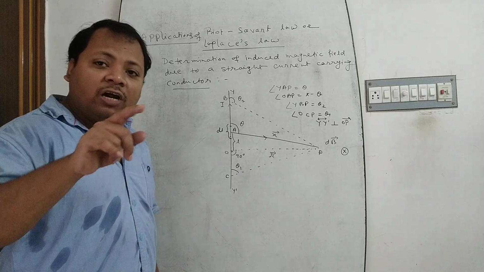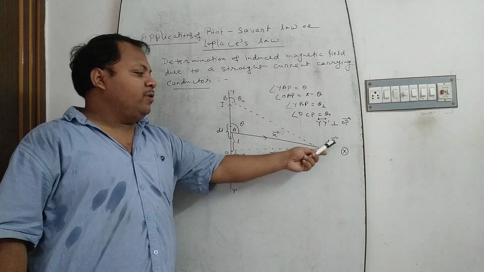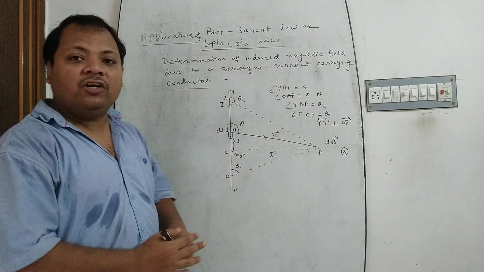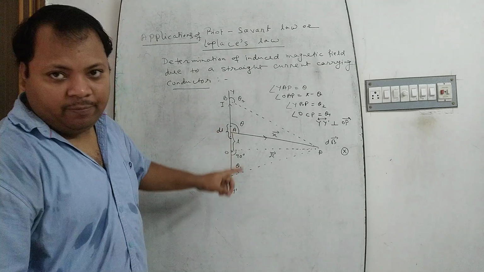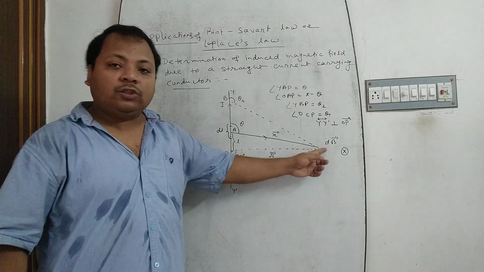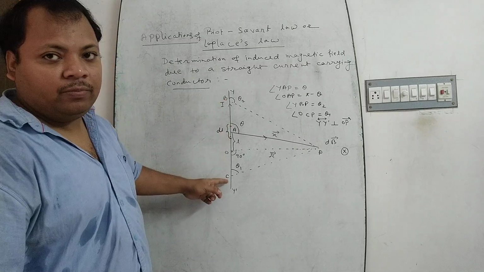At first, we have to find out the magnitude of dB, which is the induced magnetic field at the point P due to the small line segment dL at the point A. Then we can integrate the expression of dB for the line segment BC.